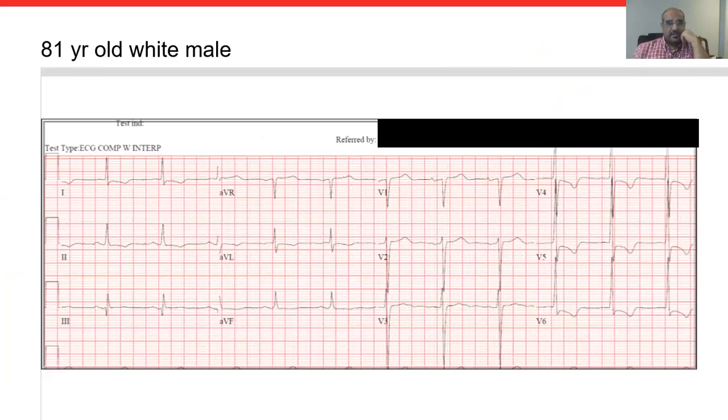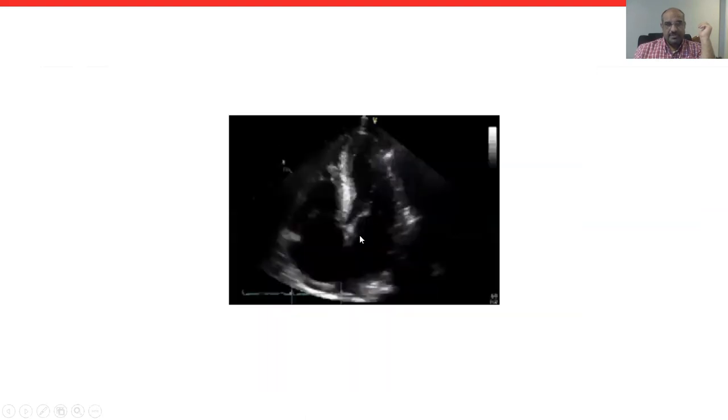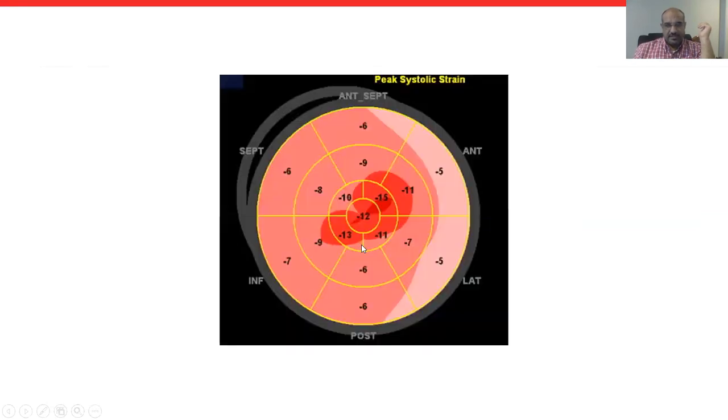What about this case? This is another 81-year-old white male with typical LVH and strain pattern. So the suspicion of amyloid is not raised based on voltage-mass mismatch, but echo revealed LVH, LV posterior wall was 1.6, with diastolic dysfunction, bilateral atrial enlargement, and mitral and tricuspid regurgitation.